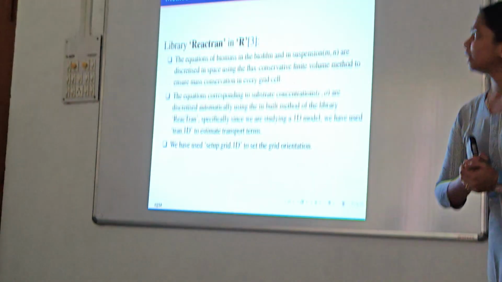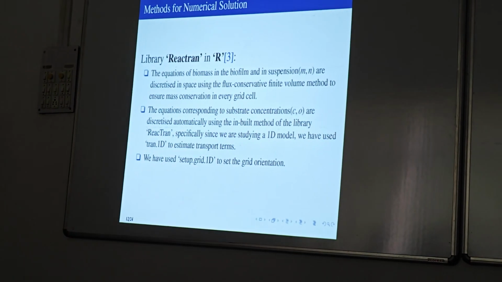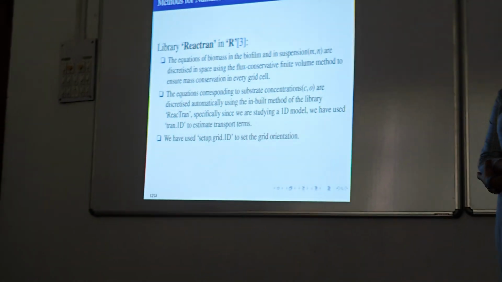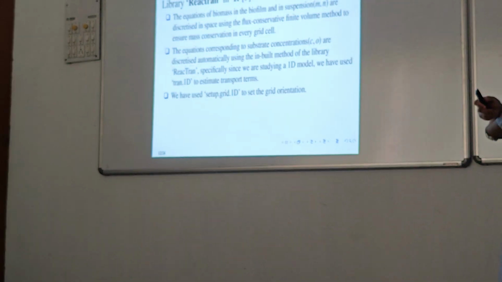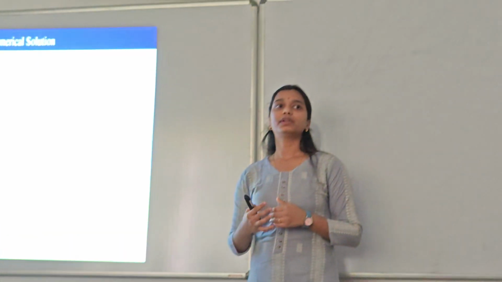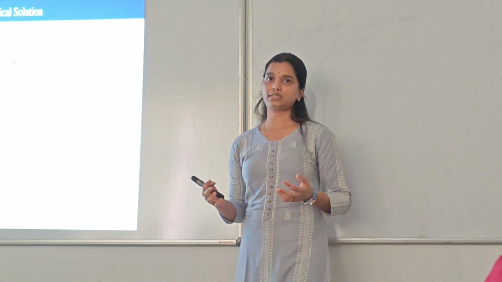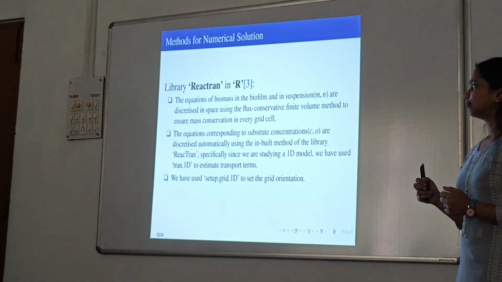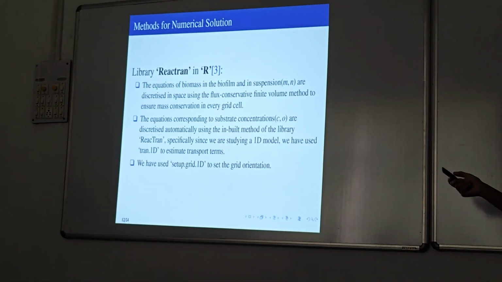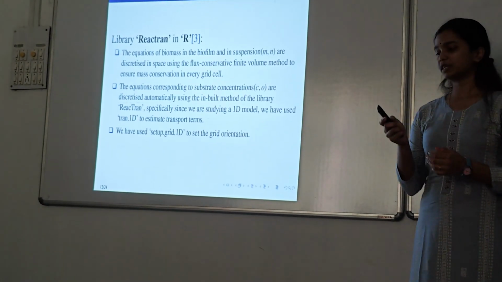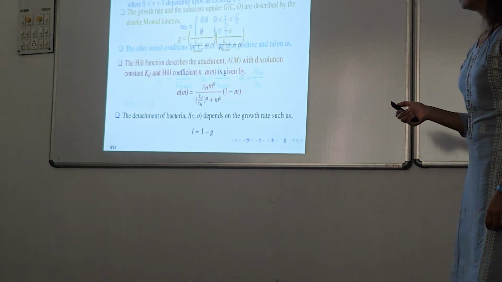The method I have chosen for solving this is a library in R called ReacTran. But because of the complexity of my model, the density-dependent diffusivity and the chemotaxis term, the library ReacTran couldn't handle it. So we have to use a flux-conservative finite volume method to ensure conservation for specifically these two equations.